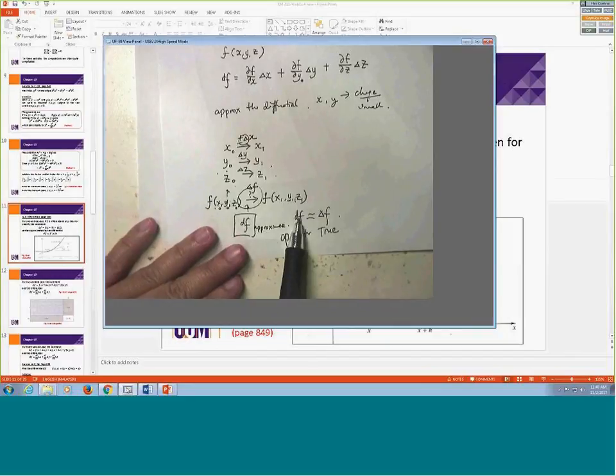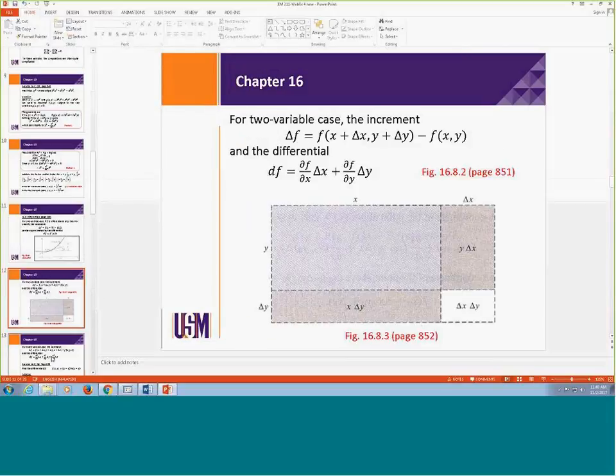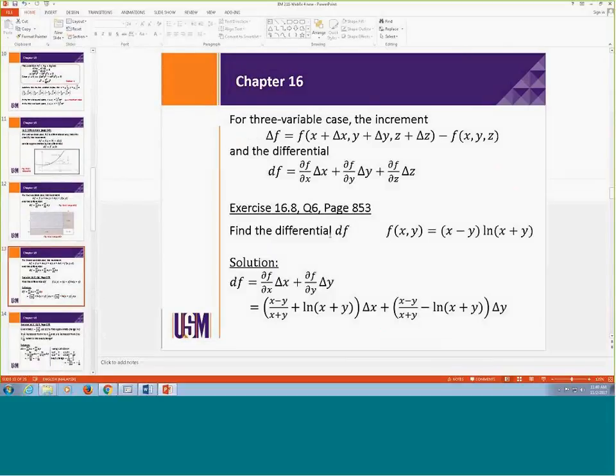So let's look at these examples. This is simple. Exercise 16.8 question 6 is to find the differential df for this function. This is straightforward.